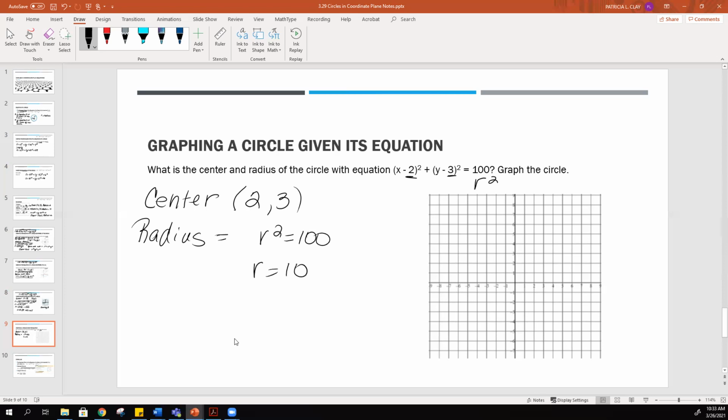All right, so let's plot out our little thing. So we go over to 2 right here, and then we go up to 3. So this is our center point. And then we need to pick any way. And I'm going to go down this way. I hope this one fits. Oh, let's go this way. And so let's go over 10. So we go 1, 2, 3, 4, 5, 6, 7, 8, 9, and 10.